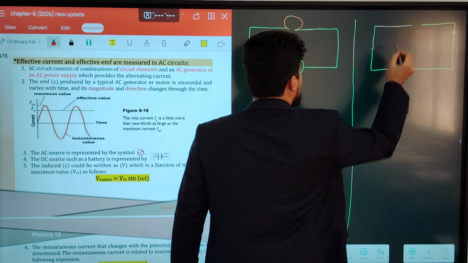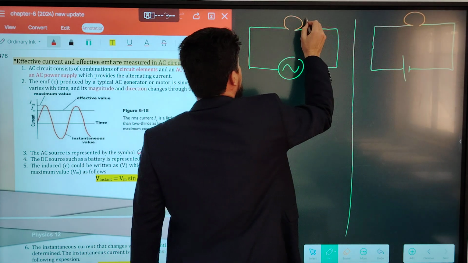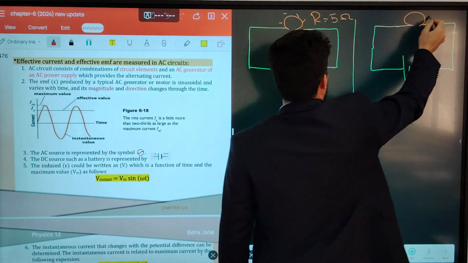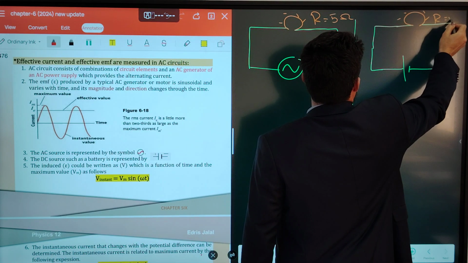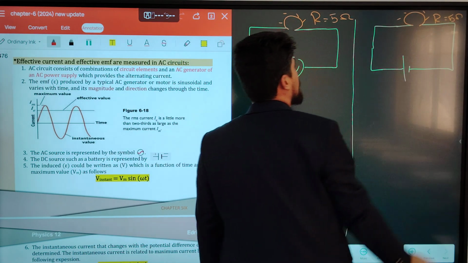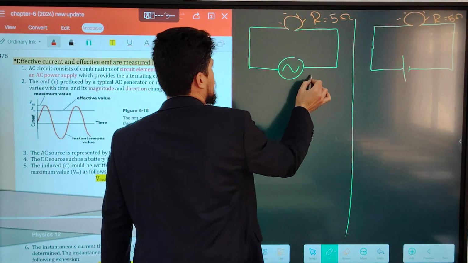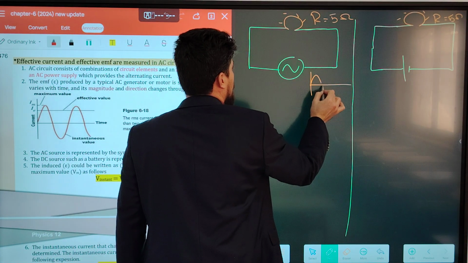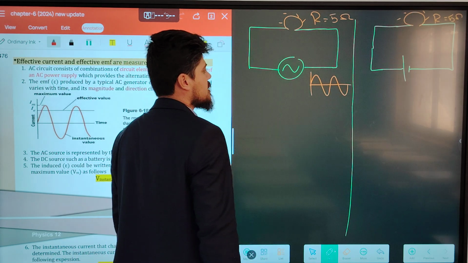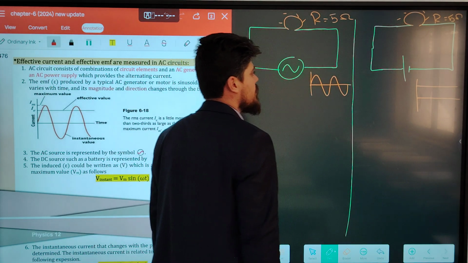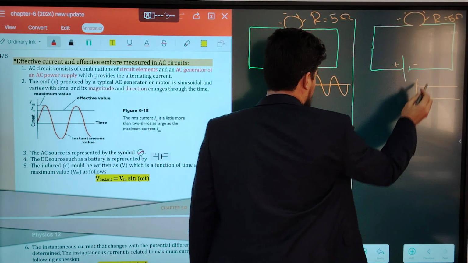The resistance of the light bulb is equal to, for example, 5 ohm. The resistor doesn't change, it doesn't matter whether connected with AC or DC. This is DC, this is AC. In AC, current is represented as a sine wave, but in DC, the current is steady and doesn't change.